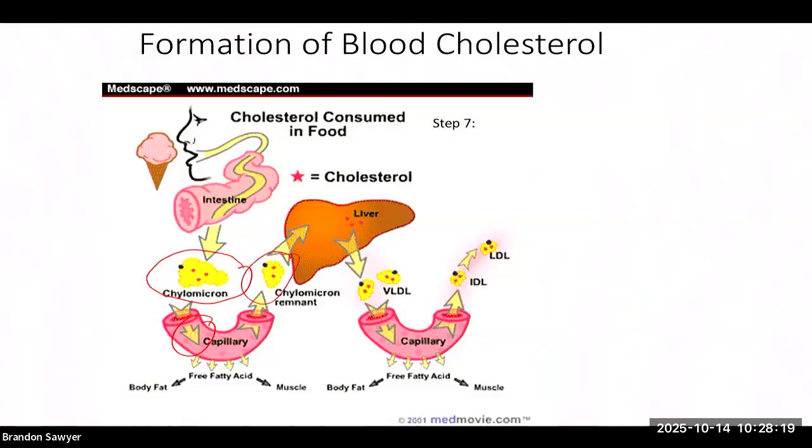Then the liver takes that and breaks it into our VLDL first, which is the biggest one, and then down to IDL, which is intermediate density lipoprotein, and then finally down to LDL, low density lipoprotein. The formation of HDL is a slightly different process by the liver, but these are the steps to get to LDL, in that order.